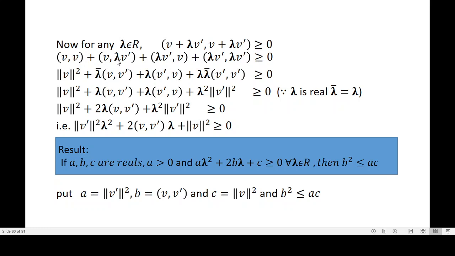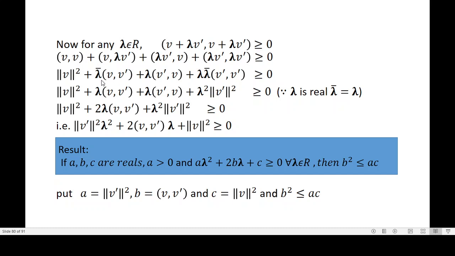This is equal to lambda bar into inner product of v comma v dash plus lambda into inner product of v dash comma v plus lambda into lambda bar into inner product of v dash comma v dash, that is greater than or equal to 0.